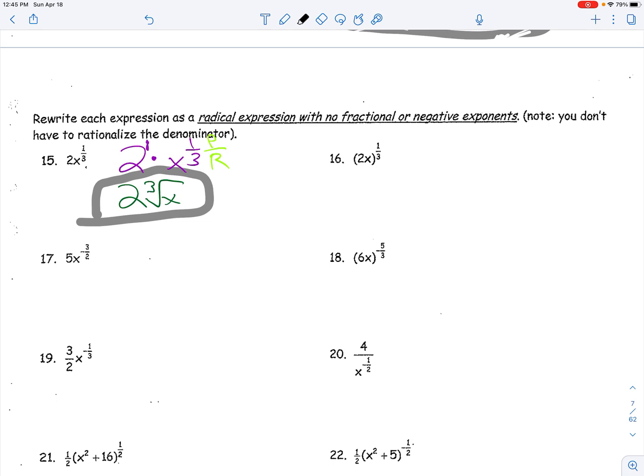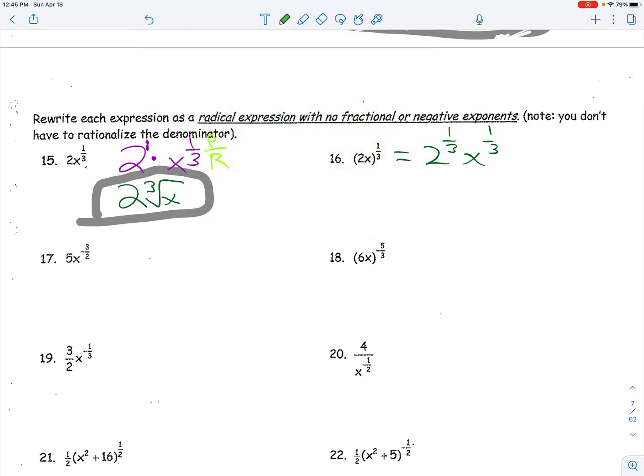Now the 2 is being raised to the 1/3 power because of the parentheses. 2 is to the 1/3, x is being raised to the 1/3. So if you want to expand that, you can. You don't necessarily have to, right? Here, 2 is to the 1/3, x is to the 1/3. Or I would just leave it like it was given to us, but, just saying.